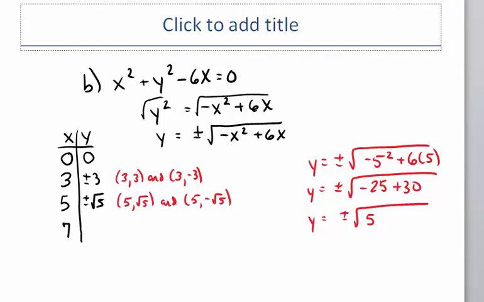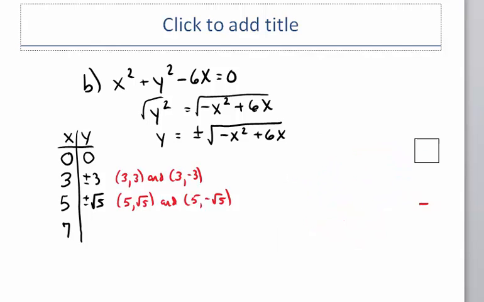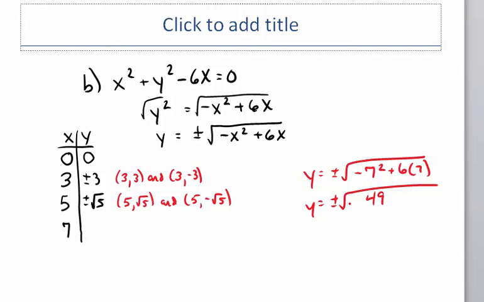All right, and our last one, let's do the 7. We'll plug a 7 in for the x. So again, we're going to say 7 squared is 49. We're going to tack the negative on the front. 6 times 7 is 42.